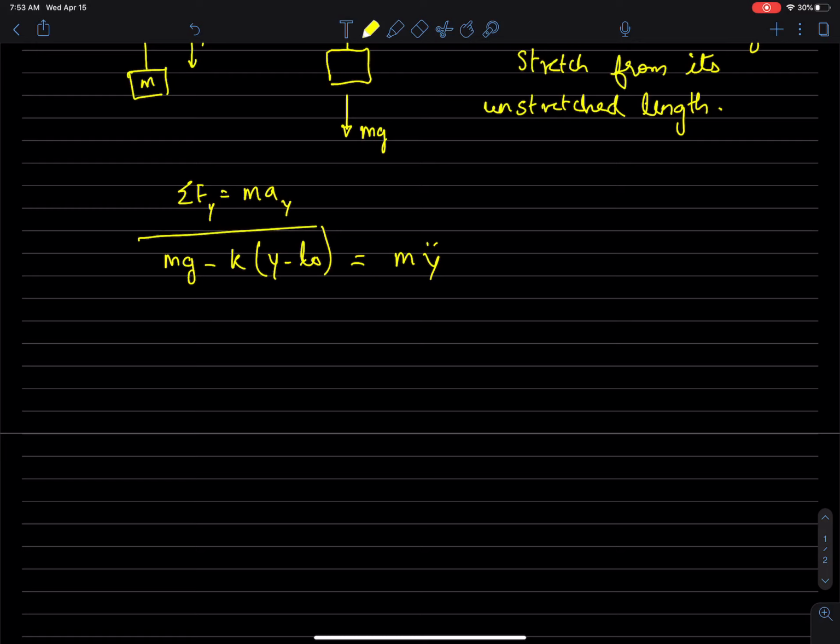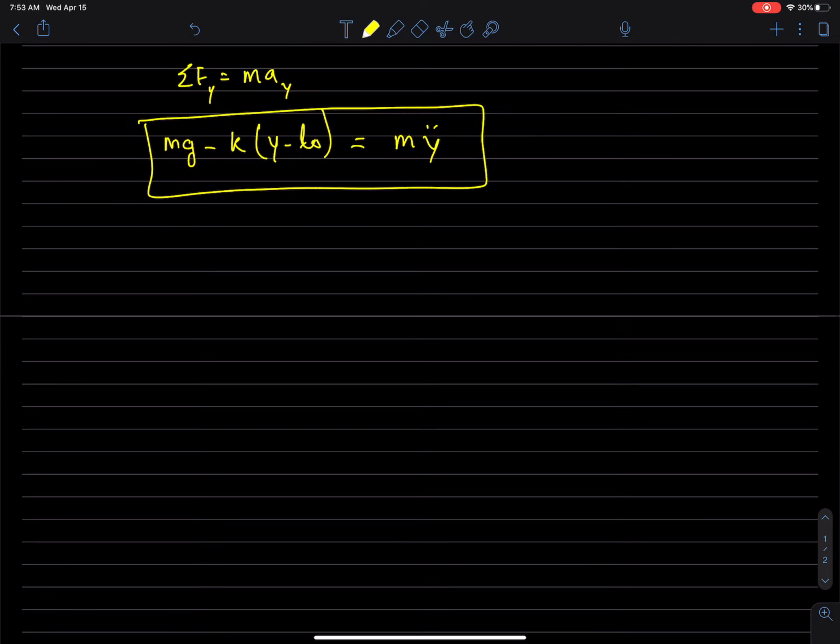Okay, so that's the equation of motion that we have. So, rearranging, m y double dot plus ky equals, you can bring the ky to this side, and minus L naught times k, minus 1 gives a plus, so mg plus k L naught. Okay, so this is the equation. Let's call this equation 1.